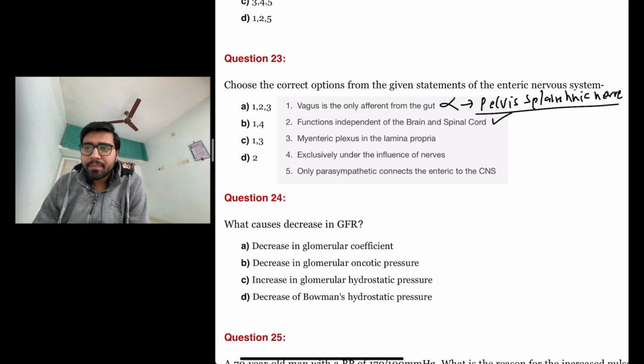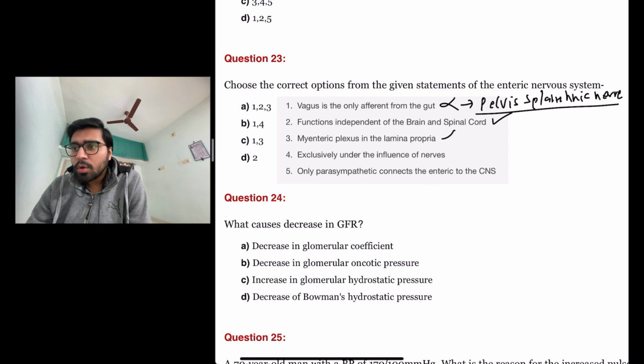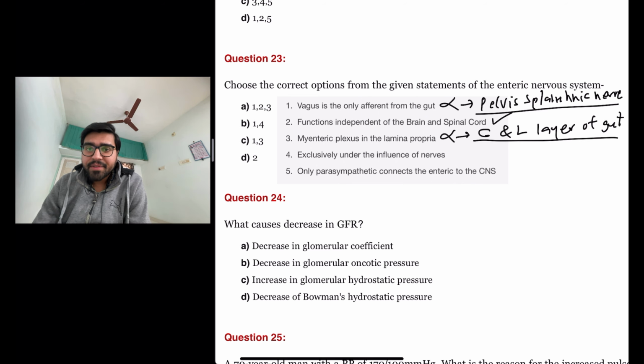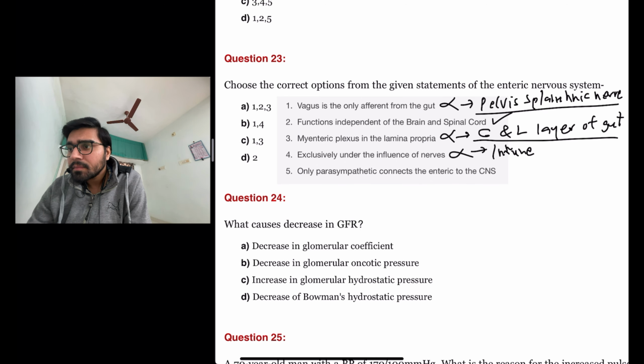Enteric nervous system, yes, it actually functions independent of the brain and spinal cord. Mesenteric plexus in the lamina propria. No, mesenteric plexus is actually located between the circular and longitudinal layer of gut. Next statement is exclusively under the influence of nerves. No, it is not actually exclusively under the influence of nerves because it also responds to immune system and hormone signals.